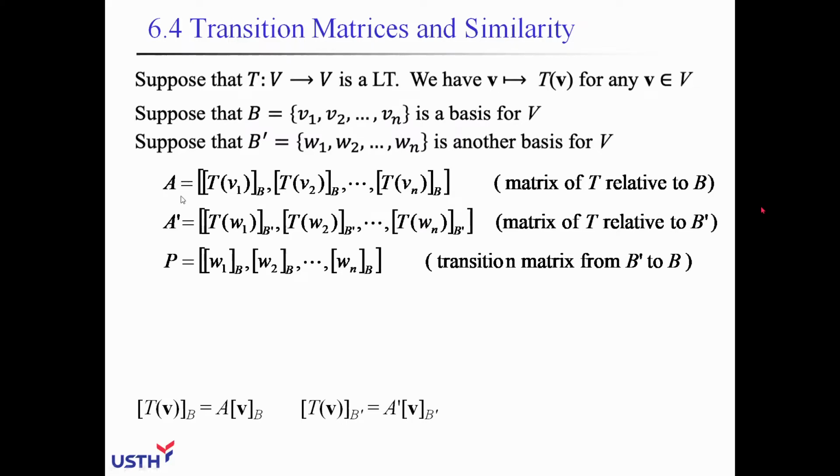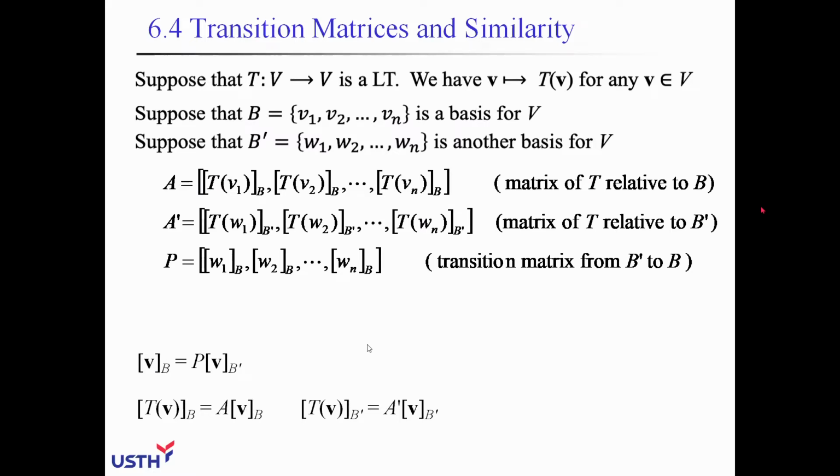We write down P, the transition matrix from B prime to B. With that, we know the coordinate of V relative to the basis B equals P multiplied by the coordinate of V relative to the basis B prime. That is the reason why P is considered the transition matrix from B prime into B. It means it changes the coordinates from B prime into the coordinates according to the basis B.